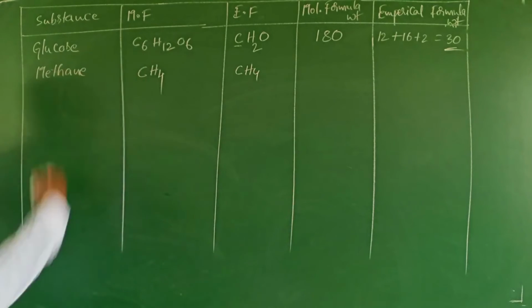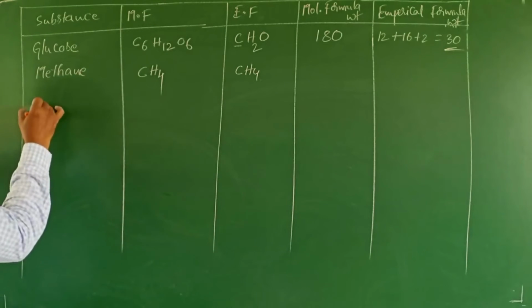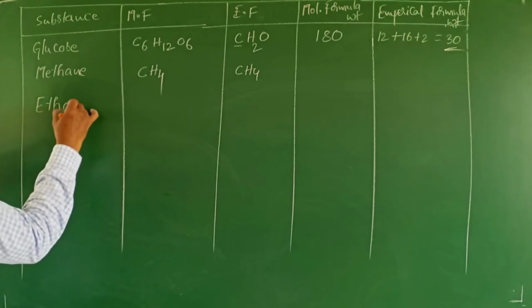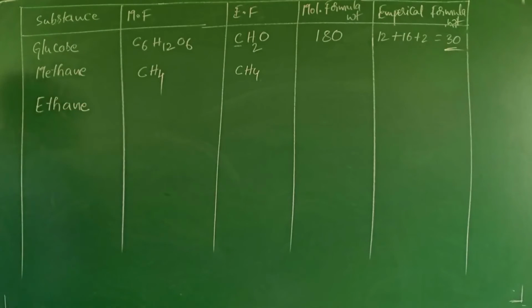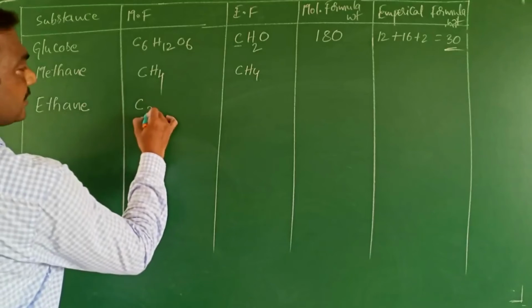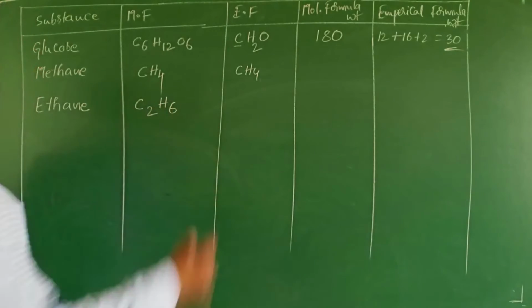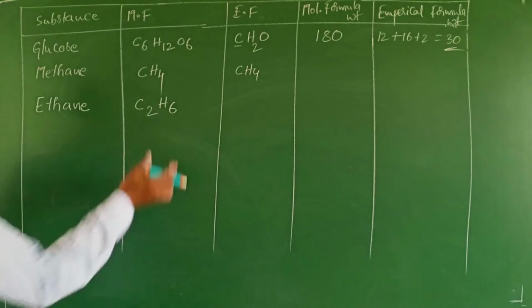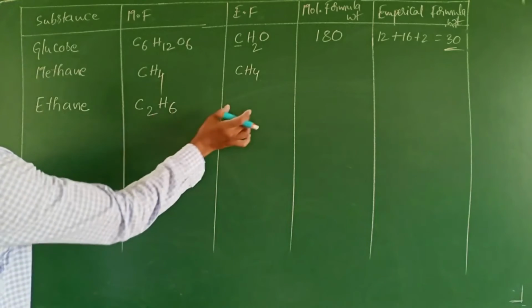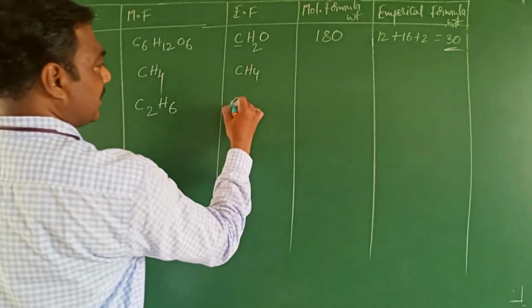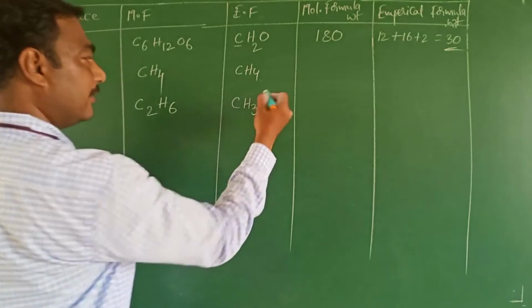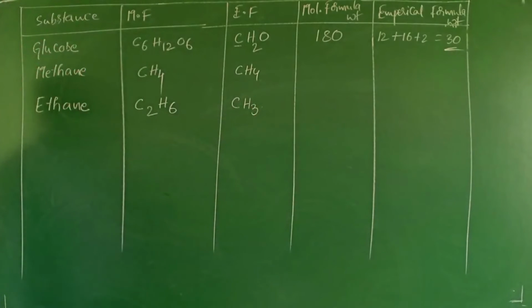Now come to the next example, ethane. What is the molecular formula of ethane? It is C2H6. Now what is the simplest ratio of atoms you can write over here? It is CH3.